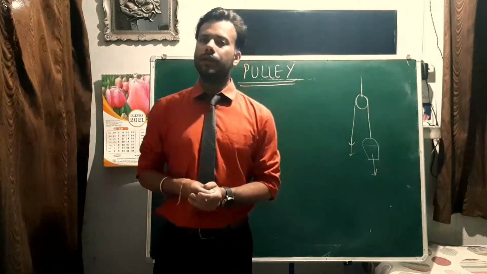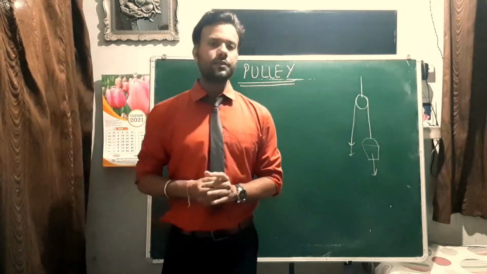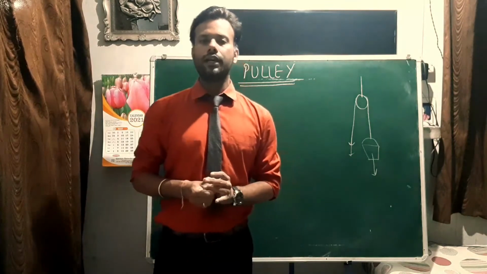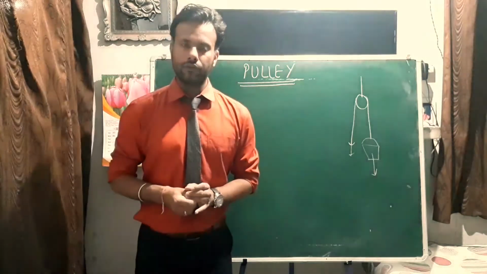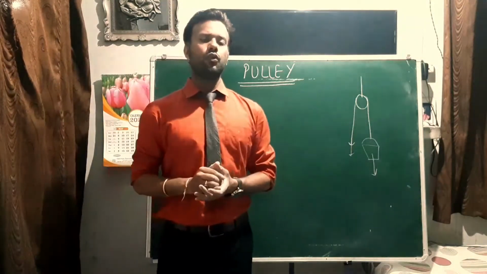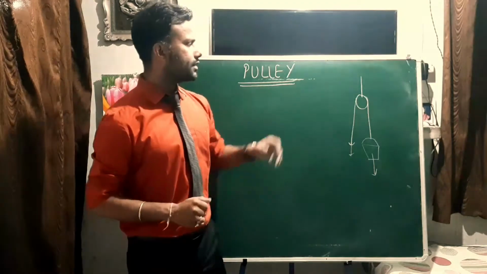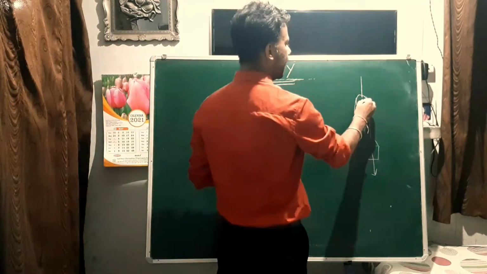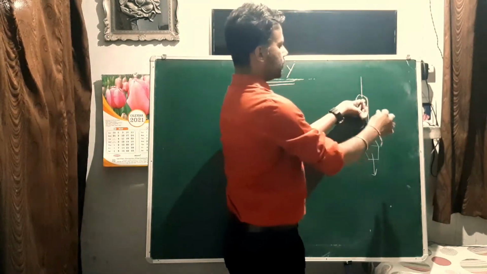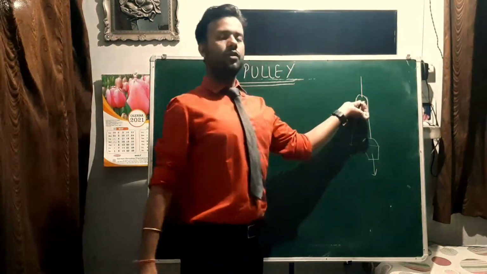The pulley can be divided into two parts. First, a fixed pulley. Second, a movable pulley, right? As the name says, in a fixed pulley the rotation axis of the pulley remains stationary. Like in this example, suppose this is the axis. When the rope goes around, the pulley does not move.